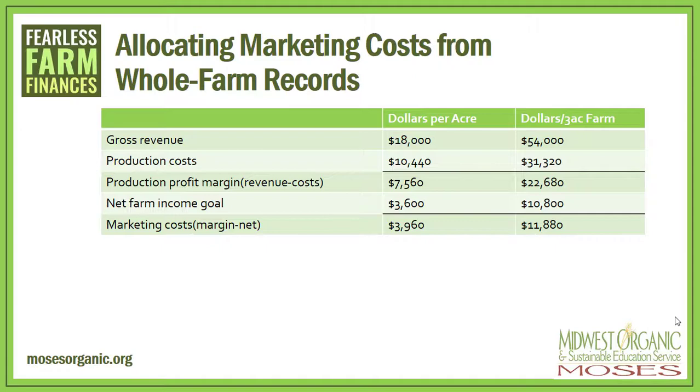And then you can ask yourself, can you reach your markets for this given amount? So is that $3,960 per acre, or a grand total of $11,880? Is that enough to do all of your marketing for all of your produce or whatever you're producing on this particular 3-acre farm?